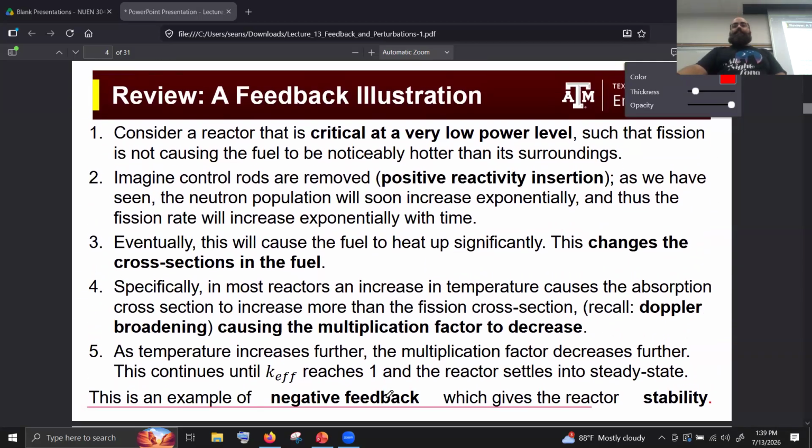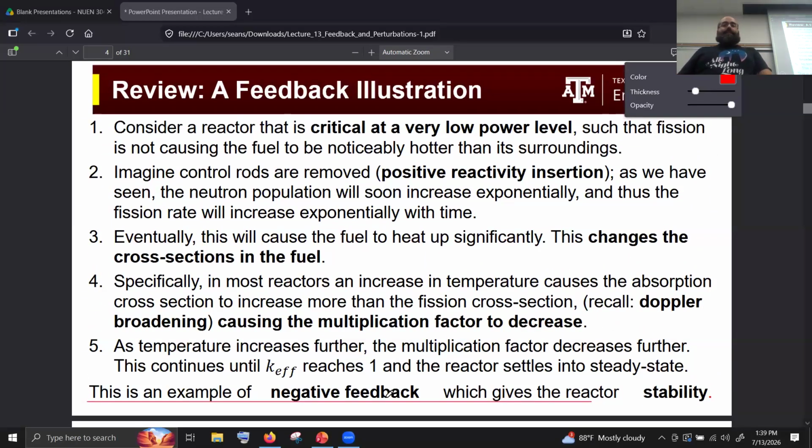And so we had illustrated a feedback example where you're imagining that the reactor is critical, but at a very low power level, so that you're fissioning, but you're not really changing the temperature of the system beyond what the moderator temperature is. And then you're going to imagine that from there, you remove the control rods.